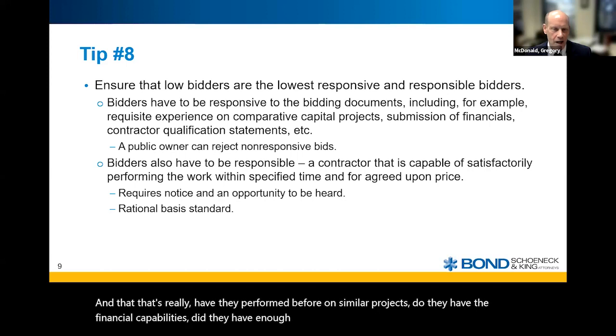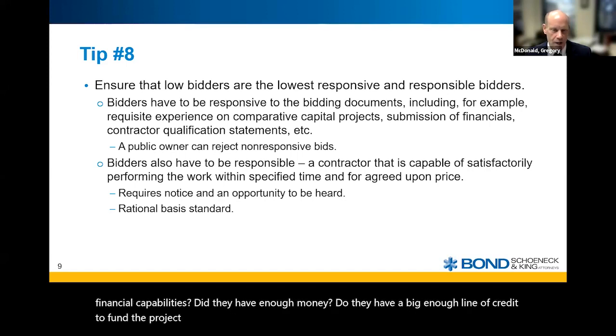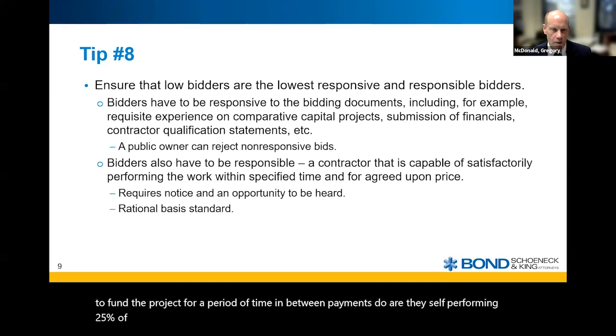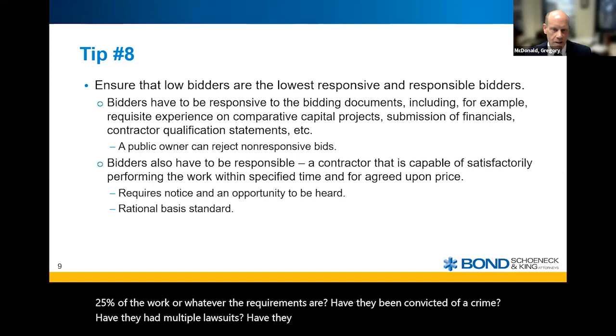Do they have a big enough line of credit to fund the project for a period of time in between payments? Are they self-performing 25% of the work or whatever the requirements are? Have they been convicted of a crime? Have they had multiple lawsuits? Have they had default terminations? There's a whole host of issues that speak to a contractor's responsibility.